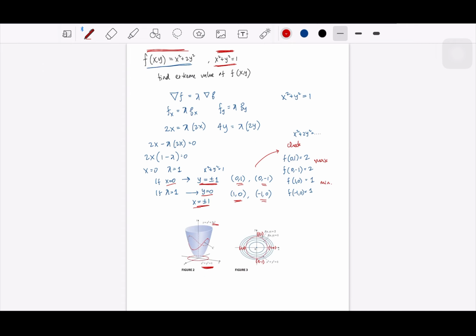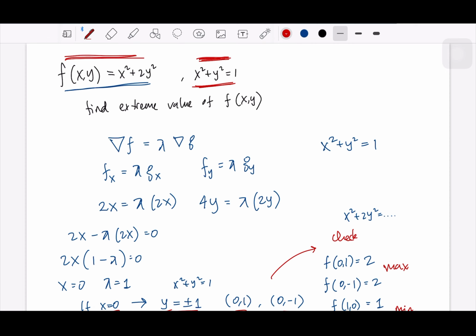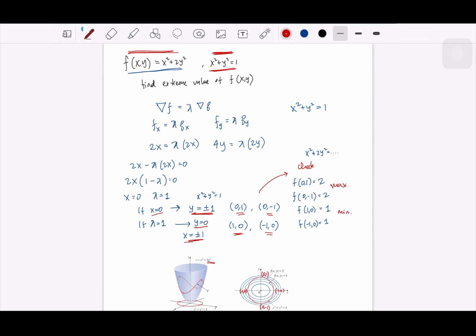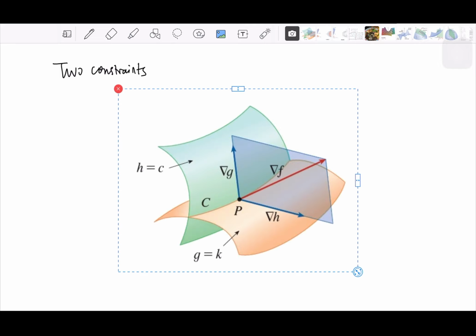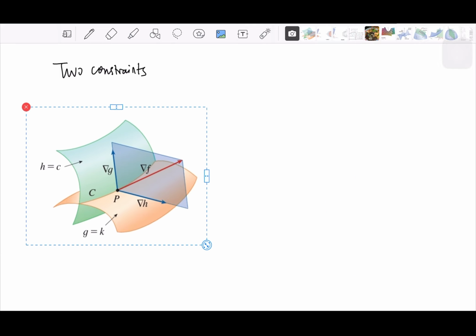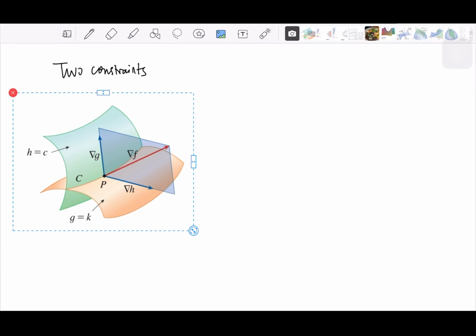And aside from this, this is just one constraint, right, on the g. Well, we can also have multiple constraints, or at most 2 constraints. It's actually similar. So we are going to include another gradient vector and another constraint.